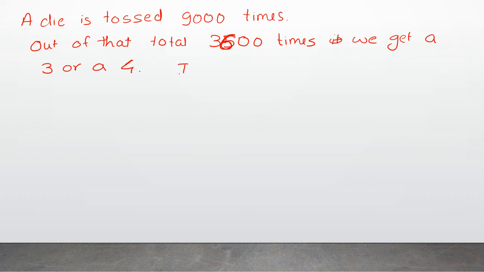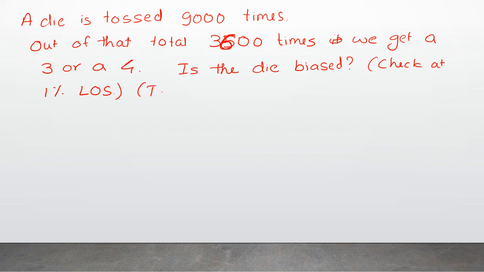Is the die biased? Check at 1% level of significance, and the tabulated value is suppose 2.26.